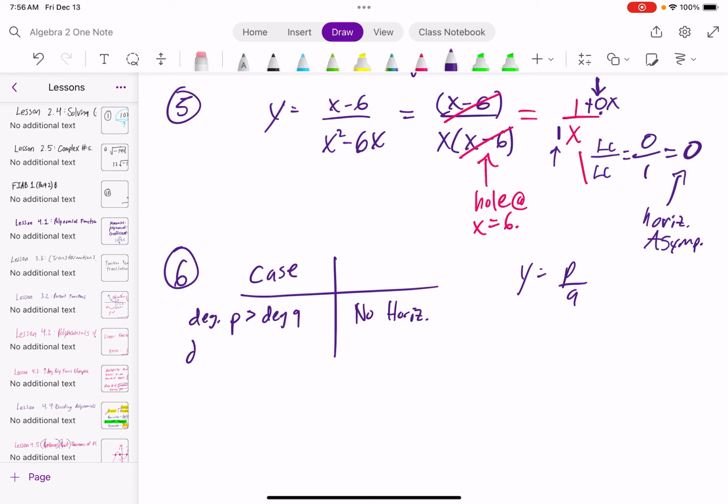If the degree of p is less than the degree of q, then we have y is 0. And if the degree of p is equal to the degree of q, then we have the ratio of the leading coefficient of p over the leading coefficient of q.